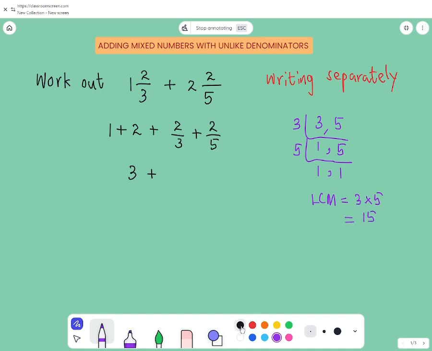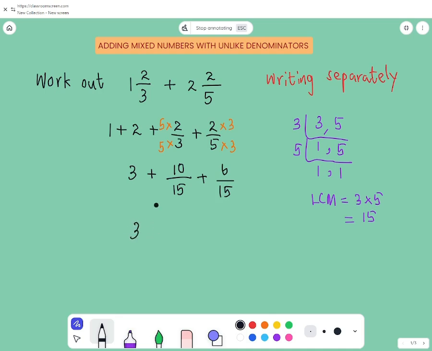So you have to change these denominators to 15. 3 times 5, 15, then 2 also multiplied by 5. 5 multiplied by 3, then 2 also multiplied by 3. Then you get 5 times 3, 15. 5 times 2, 10. 5 times 3, 15. 2 times 3, 6.